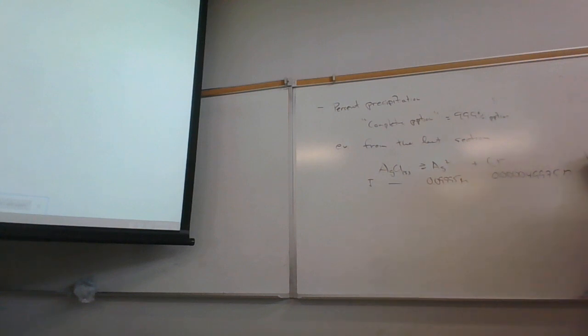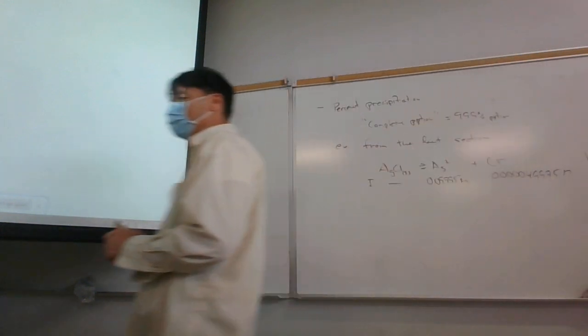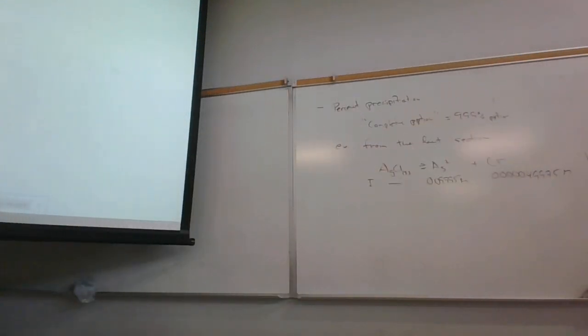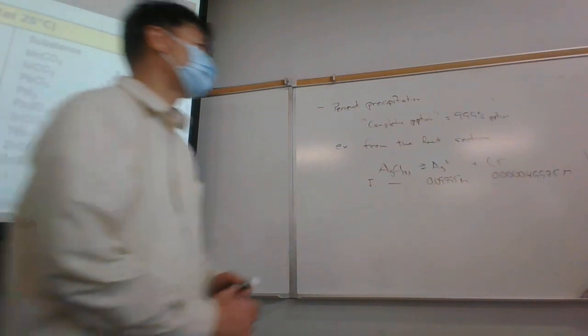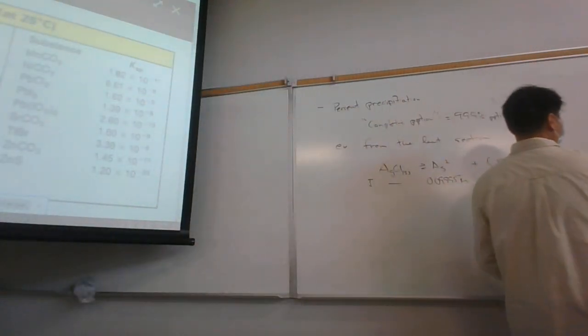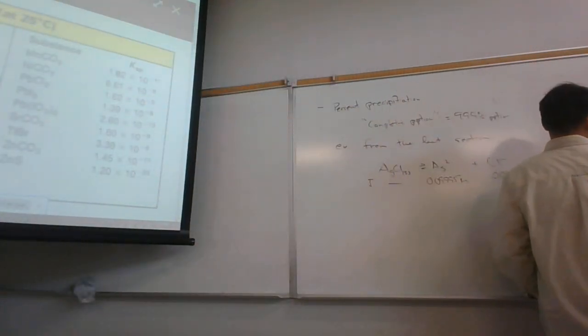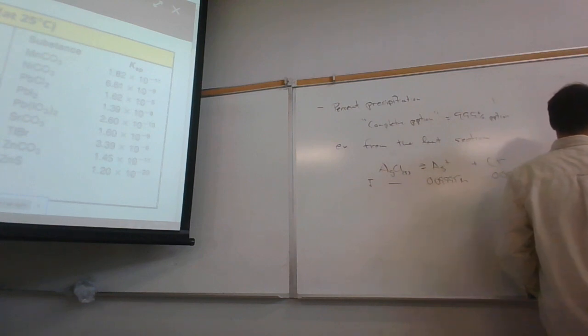Now, when I look at the K, the KSP value is the KSP value for silver chloride. It depends on what table you get the KSP value from. Our book only has KSP values to 2 sig figs. This table A10 here has it to 3 sig figs, so we'll just go ahead and use this one. The KSP value is 1.56 times 10 to the minus 10. Our book is different. Our book is 1.7.